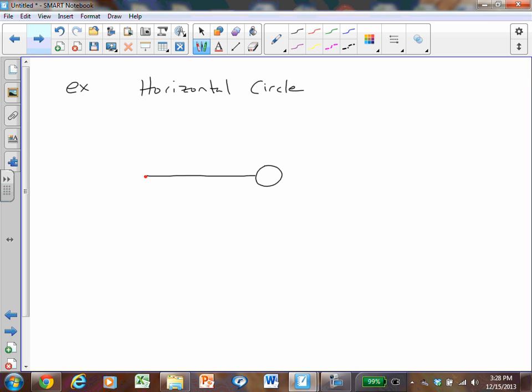You could just go in air as well, so that you would have Fg down, and that would be balanced by F perpendicular exactly upwards. And then what's bringing it inward is this tension force right here in the string.